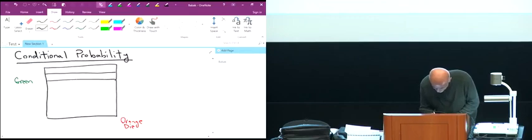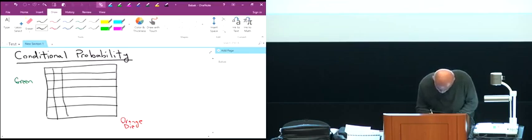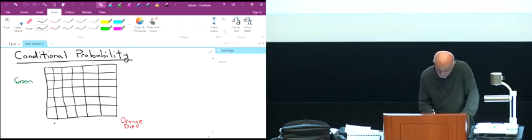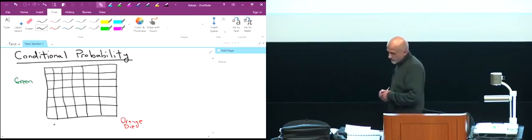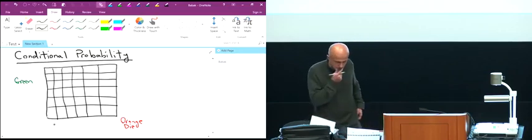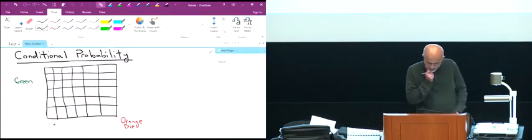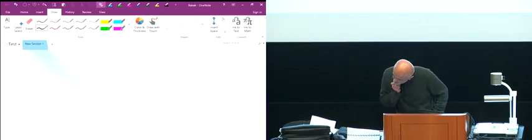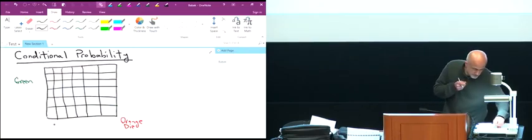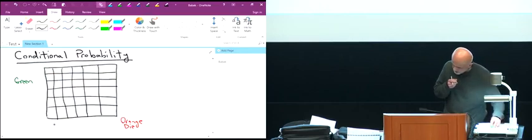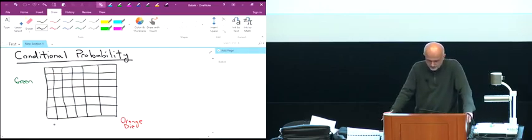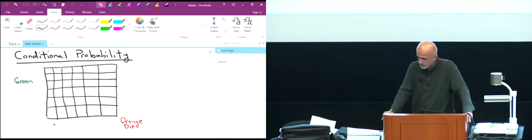So I've got 6 for each. 1, 2, 3, 4, 5, 6. Okay. So we've got 36 outcomes, and I tell you that the sum of the 2 readings is 4. Okay?